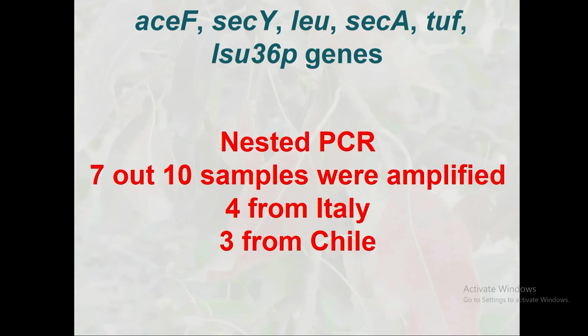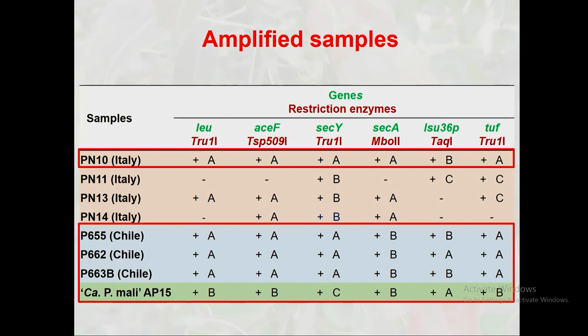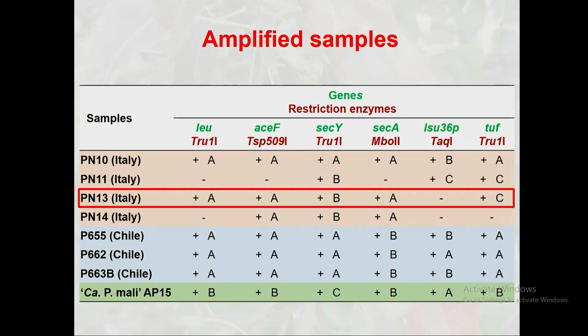Then, using the other gene, in the next PCR, we found 7 out of 10 samples confirmed positive with these genes, 4 from Italy and 3 from Chile. Now, we may amplify these samples, these in the marker PN10, completely with all the genes, from Chile, and we used Candidatus Phytoplasma mali as a control.